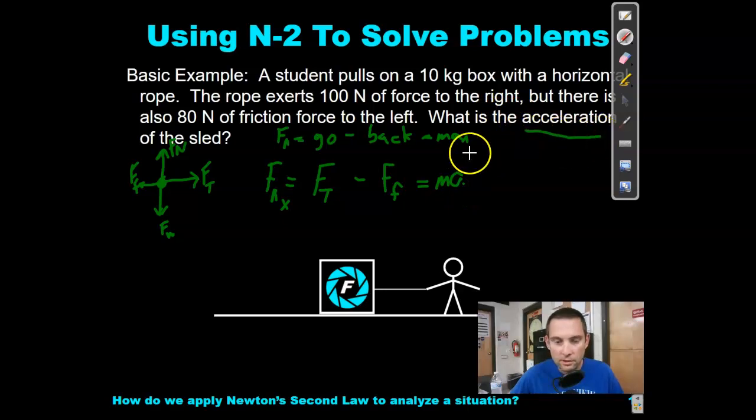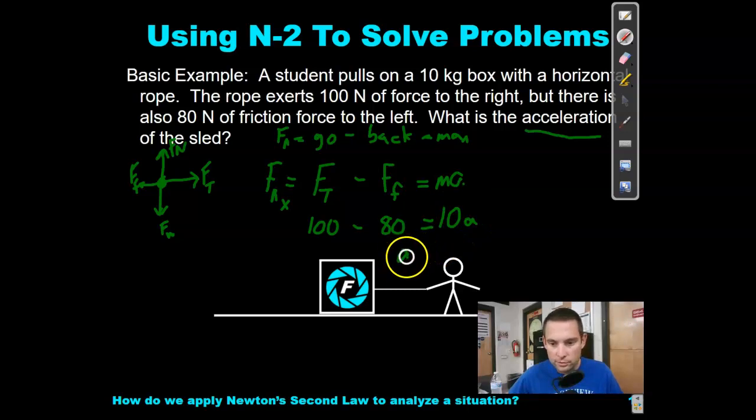And we're looking for acceleration. So our tension force is 100 newtons, minus our frictional force, 80 newtons, equals mass, which is 10, times acceleration. So we get 20 divided by 10, acceleration is 2 meters per second squared. Okay, that's the first way.